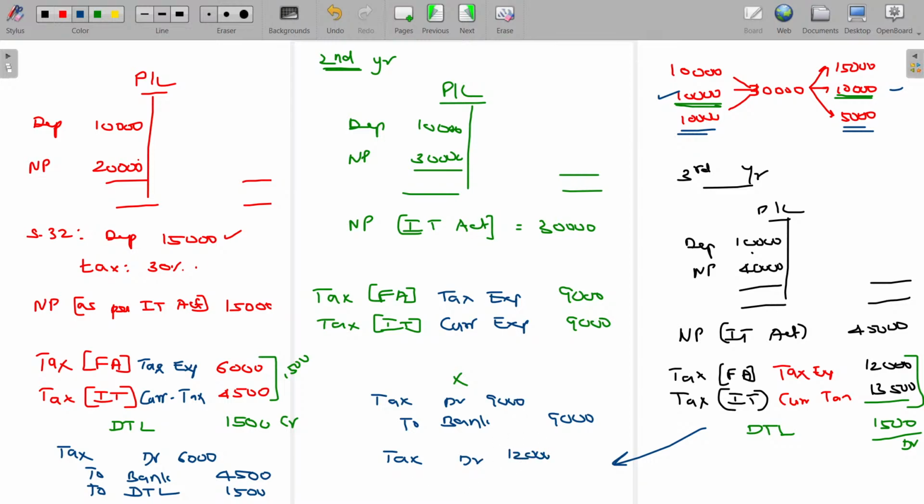Not only that, actual amount payable to the government being 13,500. What does it mean? That DTL is paid here. Clear? So any tax supposed to be payable not now, postponed to the later, is temporarily named as DTL, deferred tax liability.